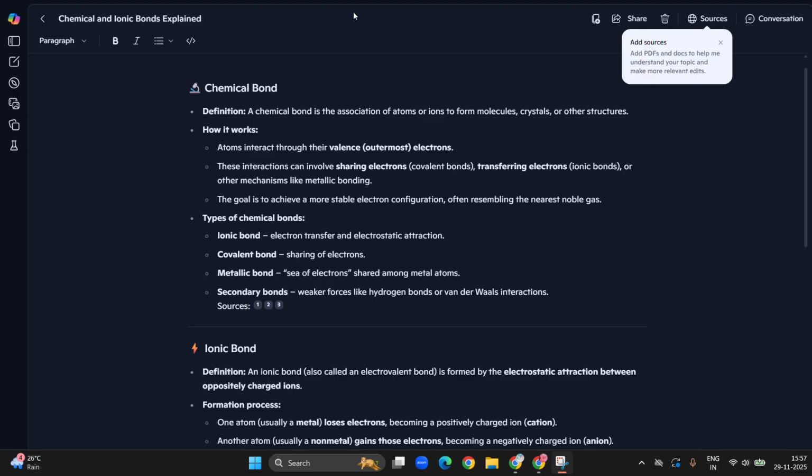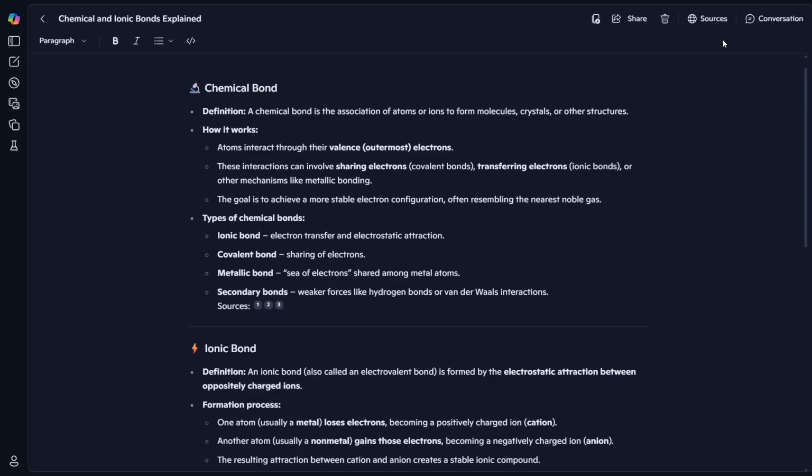The goal is to achieve a more stable electronic configuration, often resembling the noble gases. So we know that the noble gases are stable. That is, they follow the Lewis octet rule, which I'll be telling about in the next video.